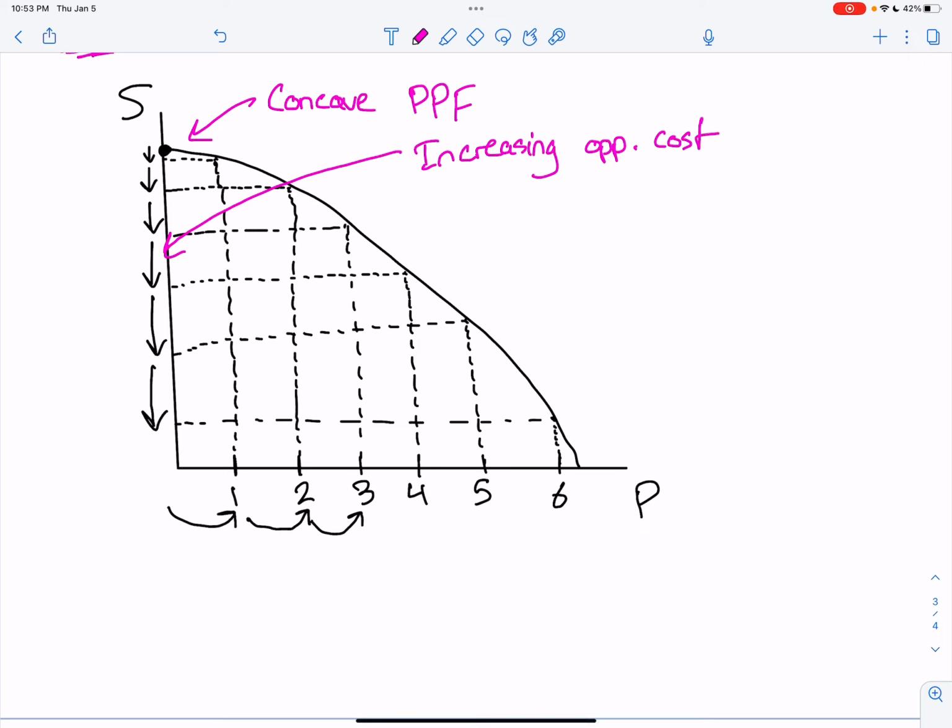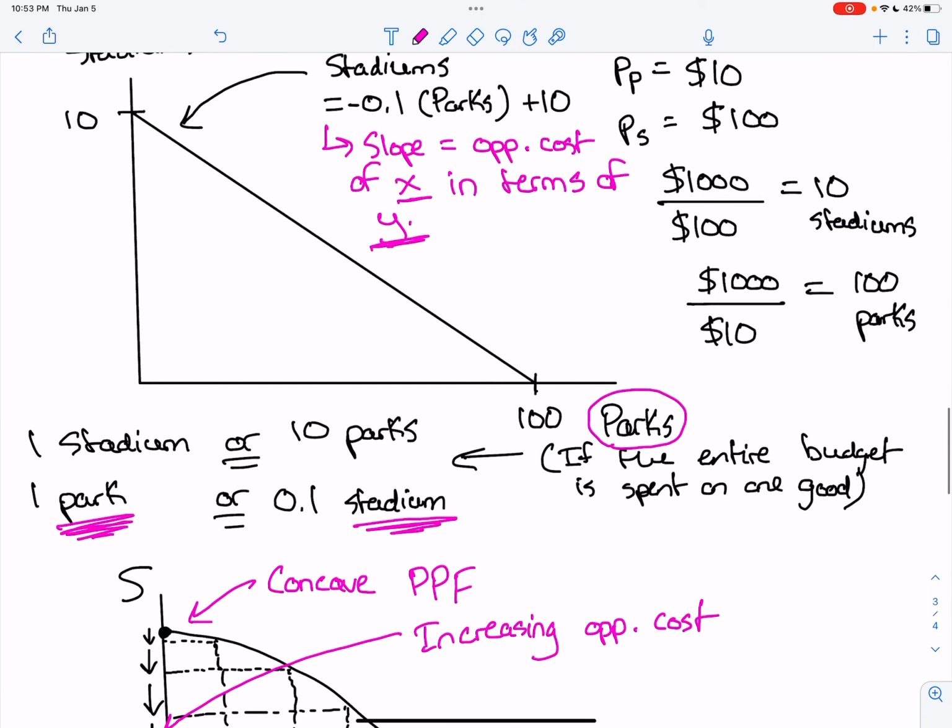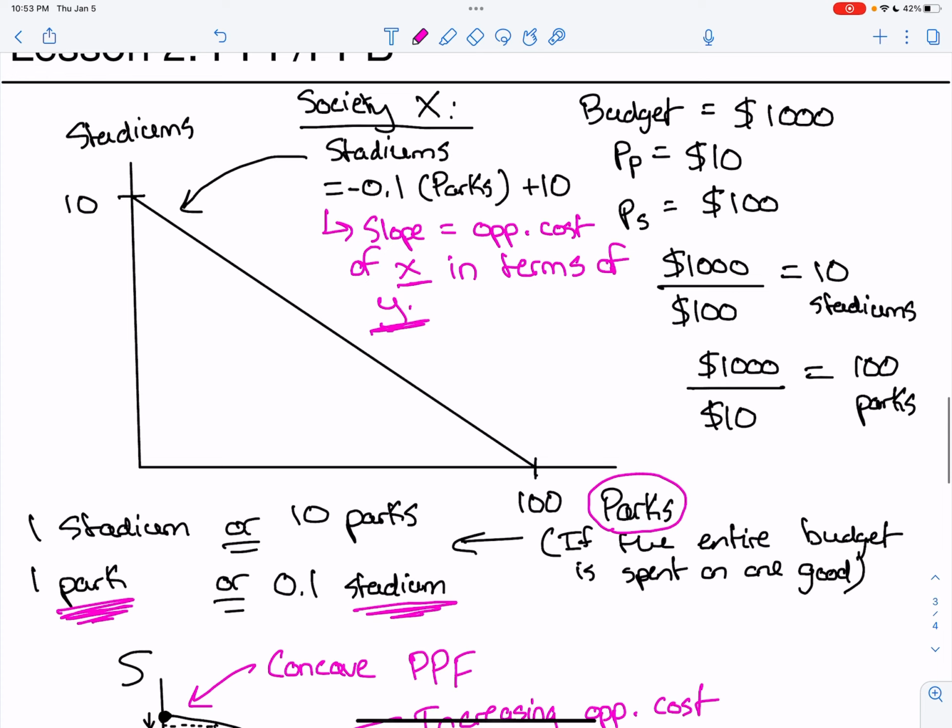Why is this more realistic than a linear PPF? You'll notice that on a linear PPF, if we did the same thing, every single time we would add another park, we would essentially have to give up the exact same number of stadiums. How many stadiums exactly? Well, exactly 0.1 stadiums, okay?